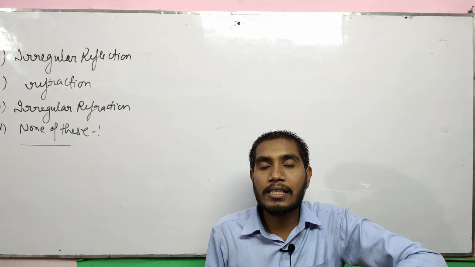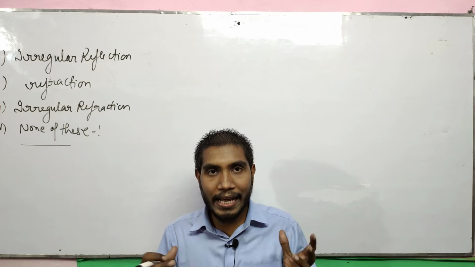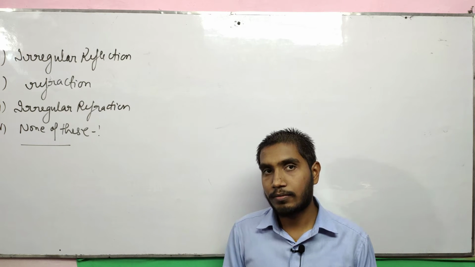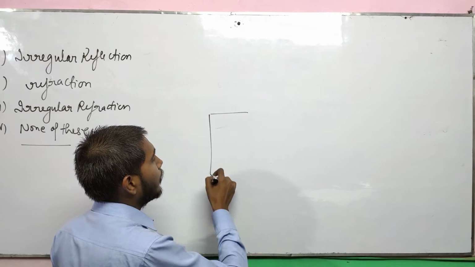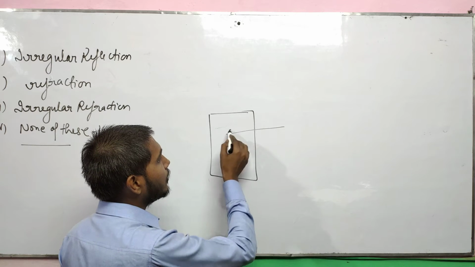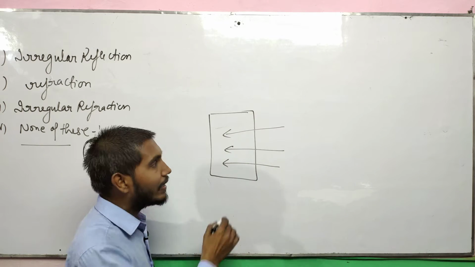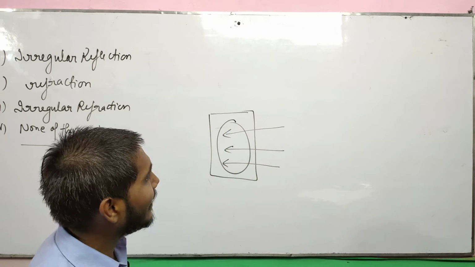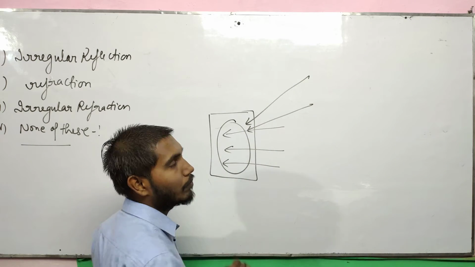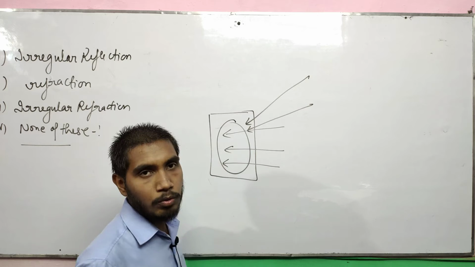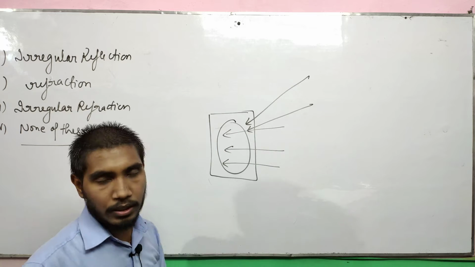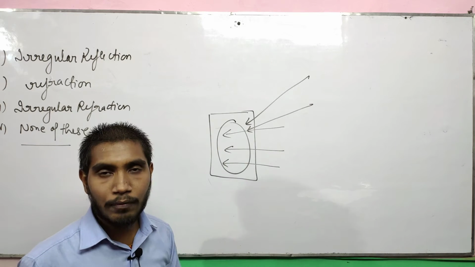That means sunlight does not directly enter the room, and there is no light source in this room. Then how can you see in the inner part of the room?